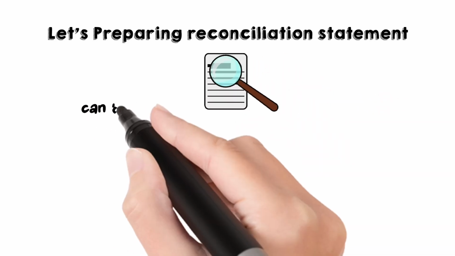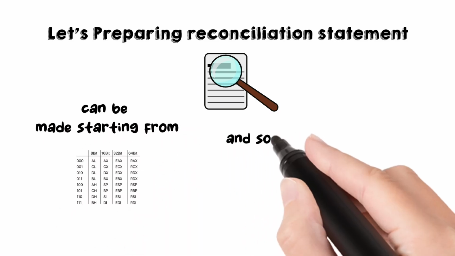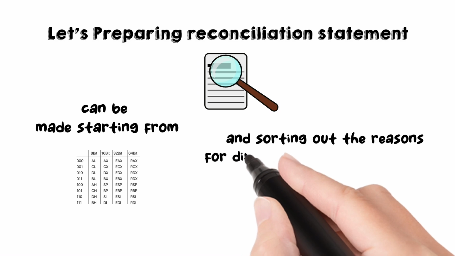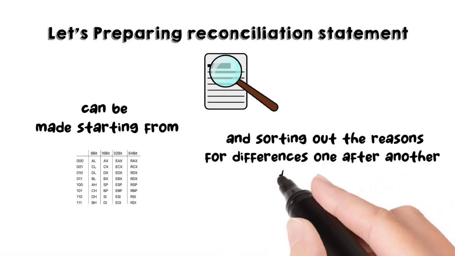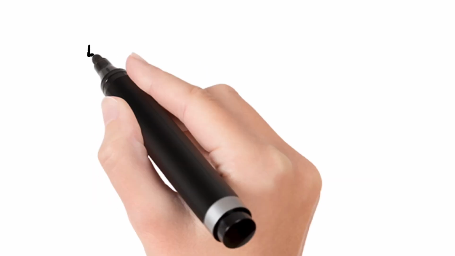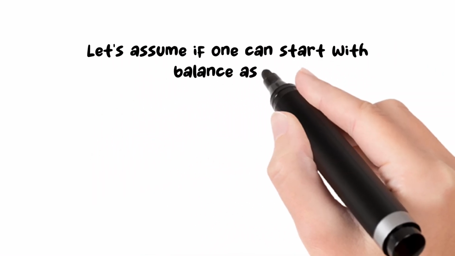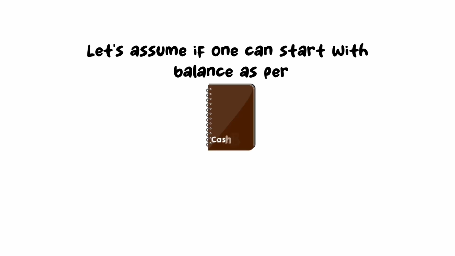Reconciliation can be made starting from one balance and sorting out the reasons for differences one after another till the other balance is reached. Let's assume one starts with the balance as per Cashbook.